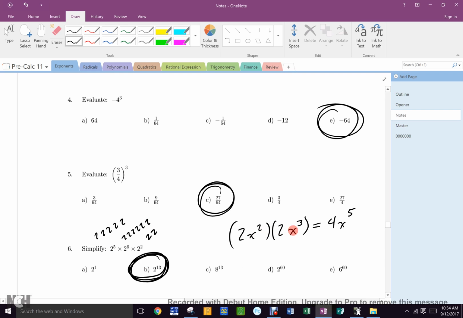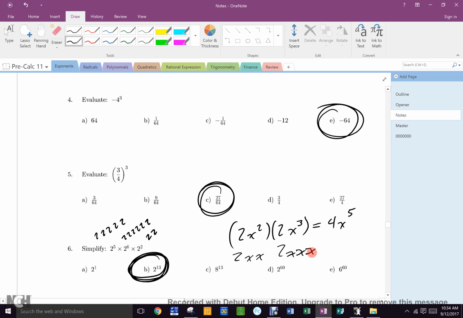Why is this different? What is this really? 2xx, isn't it? And what is this really? 2xxx. How many 2's are there? Two of them, so it's 2 squared, 4.